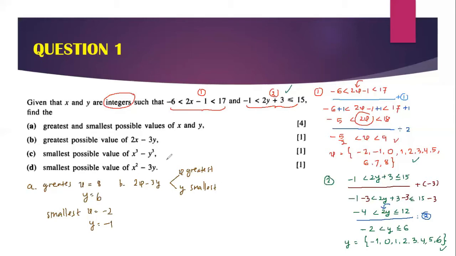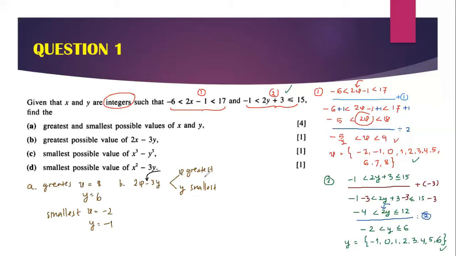Why? Because the sign of the operation here is minus. When we find minus in the middle operation, you have to take y as the smallest, so 2x minus 3y will produce the greatest possible value.